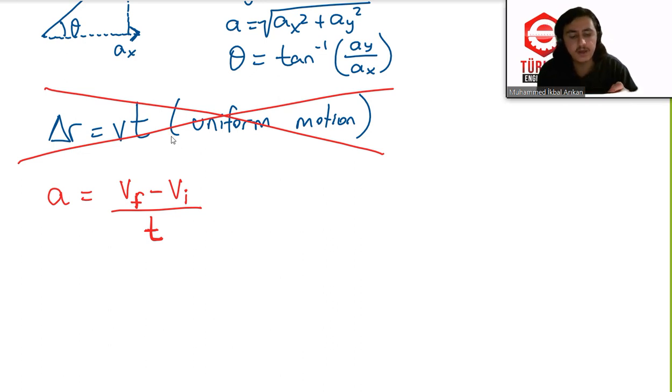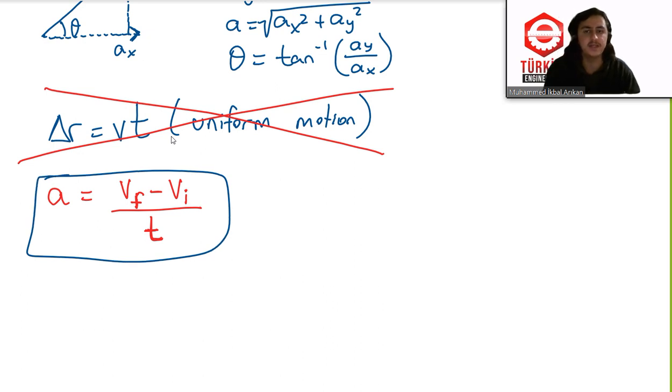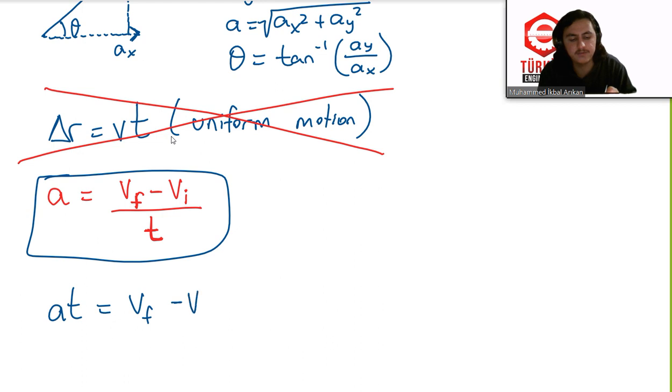So how can I make a relation between v initial, v final, acceleration and time? This one gives me a good relation between them, but for calculating acceleration I must use this formula. What about v initial? If I know v initial, how can I calculate v final? I want to put a formula for v final. So I will multiply both sides by time. I will get a t equal to v final minus v initial, because now time is gone.